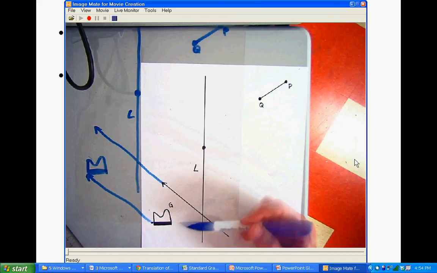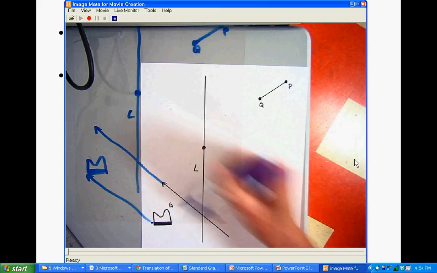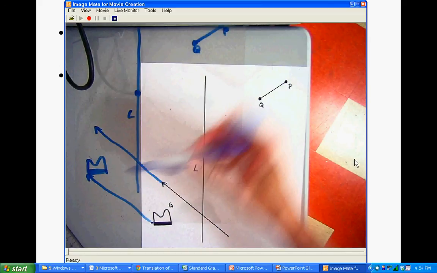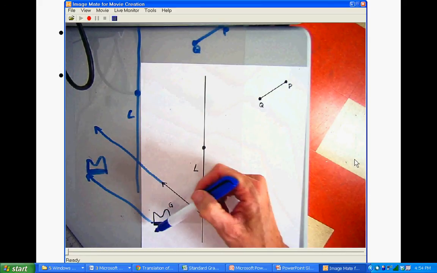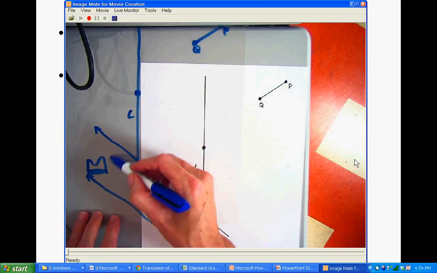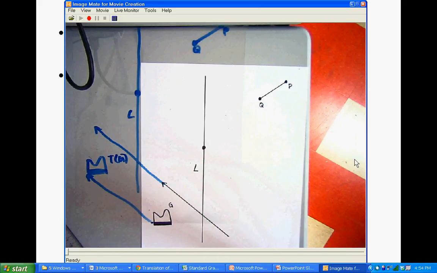So this vector length is going to be the same vector length as here, which is going to be the same vector length as here. So even if we have a group of points, not just one point, that vector length is going to correspond to any point in this picture G. So this would be the translation of group G.